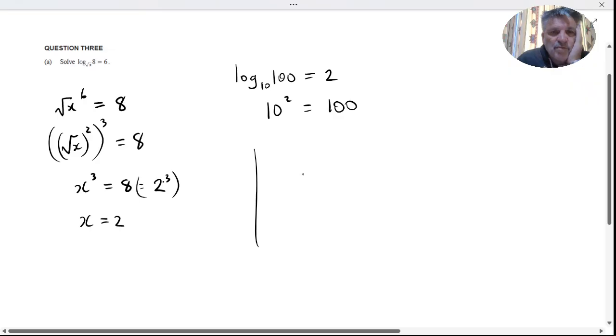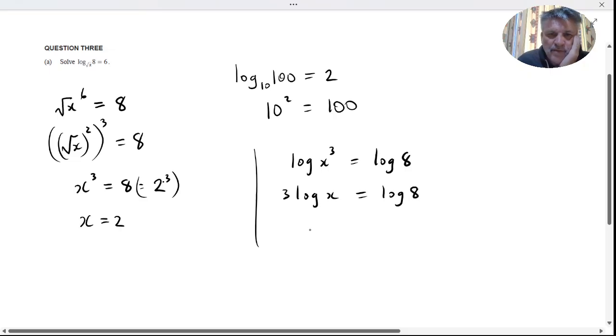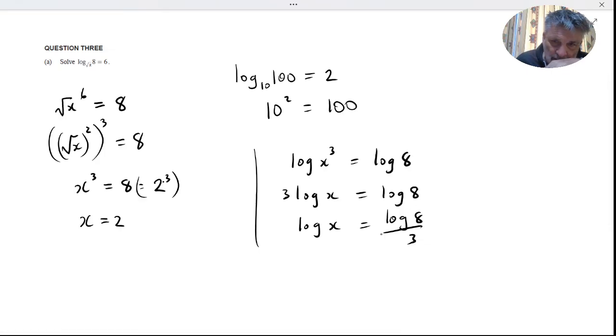If you used logarithms, you could go log x cubed equals log 8. 3 log x equals log 8. Log x equals log 8 over 3. Yeah, much longer.